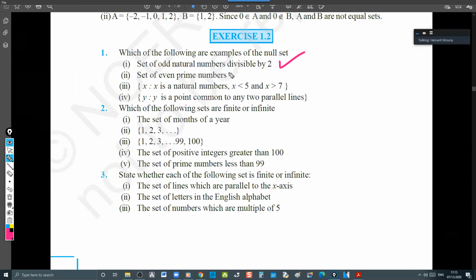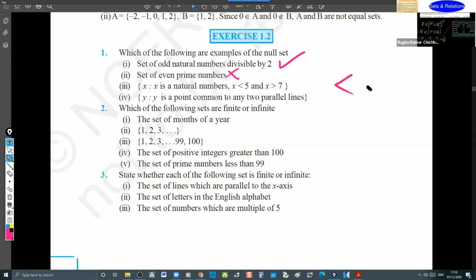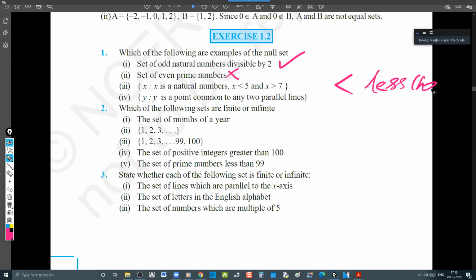X such that x is a natural number, x greater than 5 and x less than 7. You are getting confused. This is less than, and this is greater than.